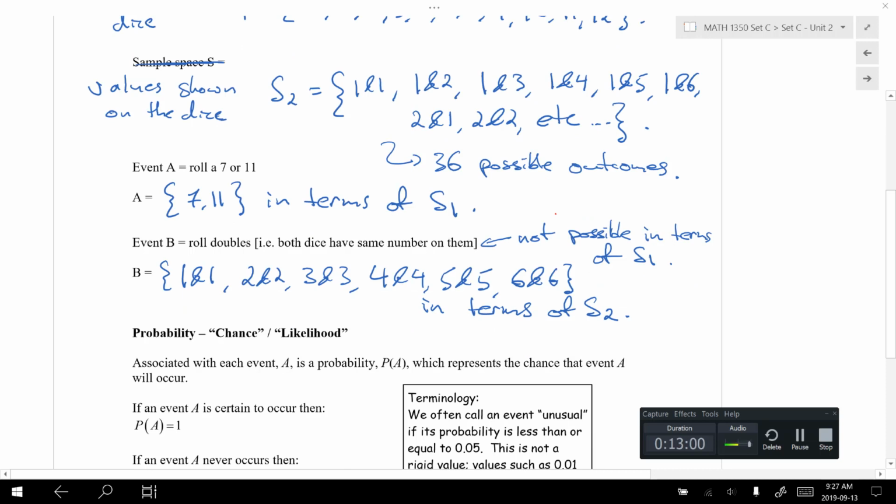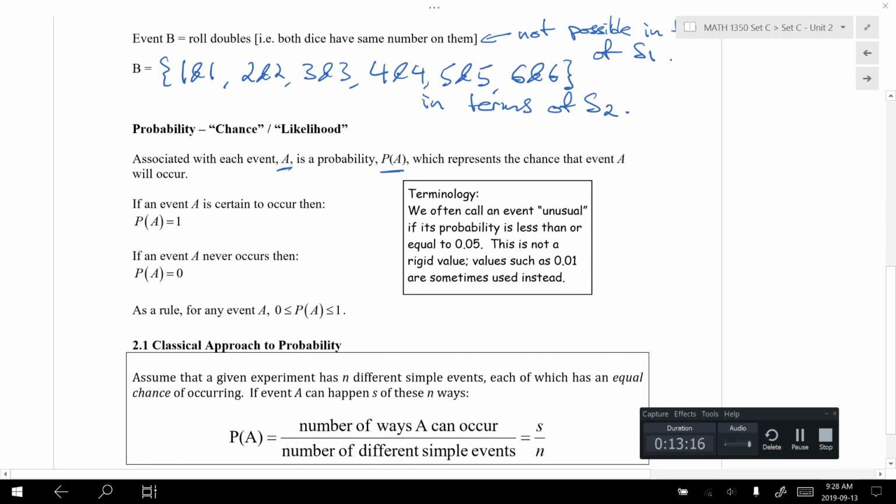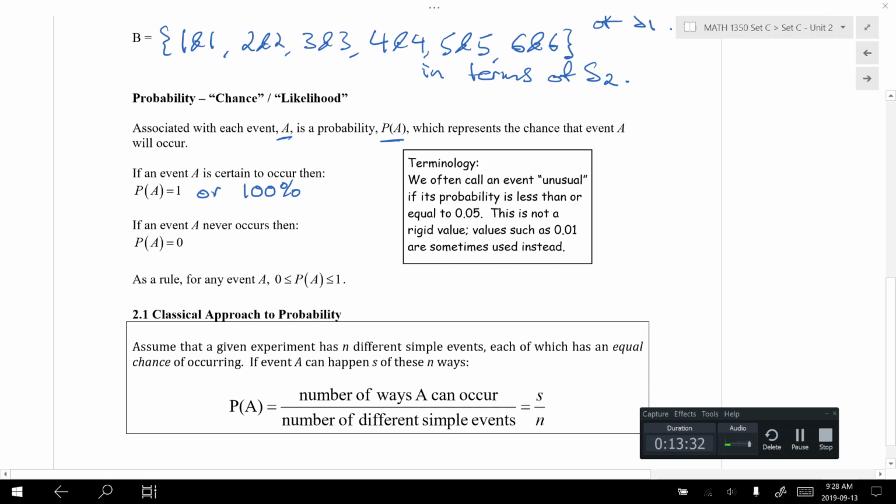Okay, so when we're thinking about a particular event, we may be able to assign an event its corresponding probability. So for a given event A, P of A is its probability. This is the chance that this event A will occur. Probabilities are going to range from 0 to 1 or from 0 to 100%. If we say P of A is 1 or 100%, we will say that the event is certain to occur, if we know it's going to occur.